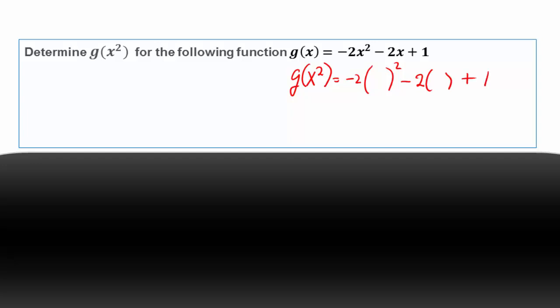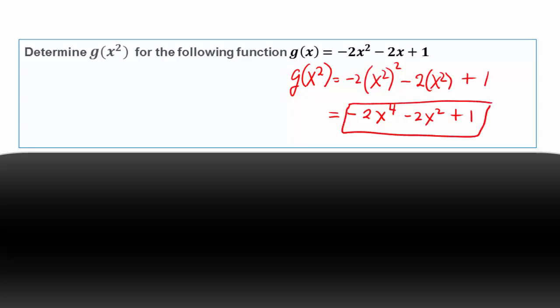So what do you replace in place of the x? You replace it by x squared. Squared. So when you rewrite everything, that becomes minus 2x to the what? 4th minus 2x squared plus 1. And that's what your g of x squared is going to look like.